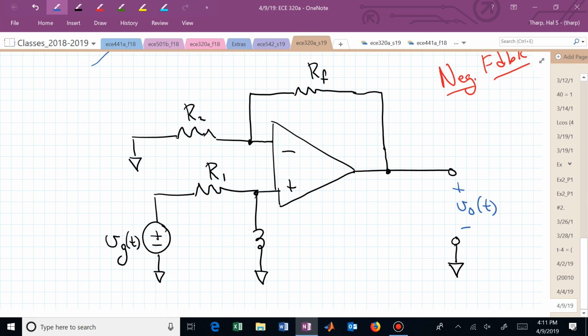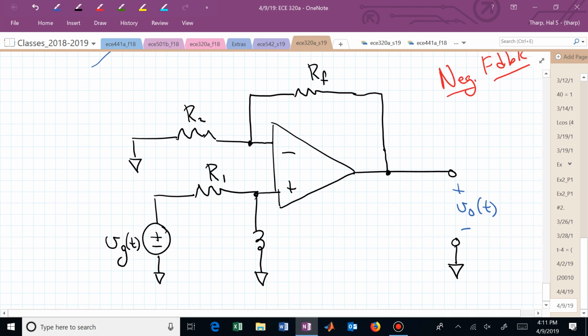Let's now, what do we know is true? Let me go ahead and label this a little bit. We have V sub P here. Let's call this V sub N just so that we can have something to talk about.